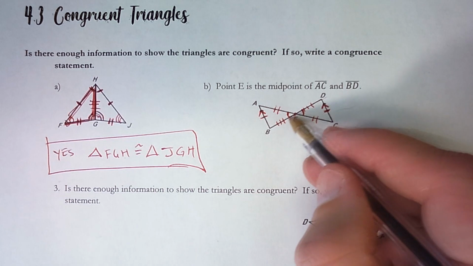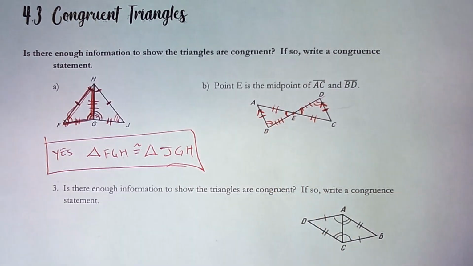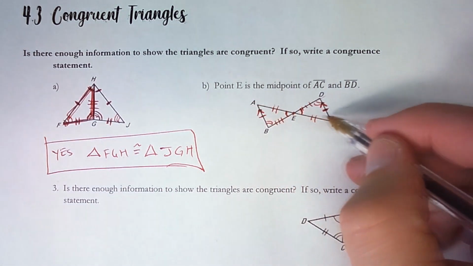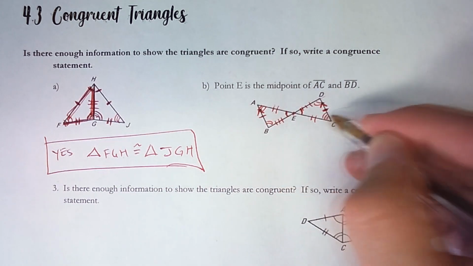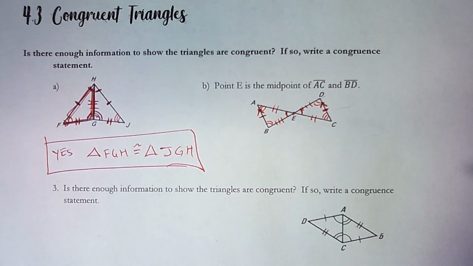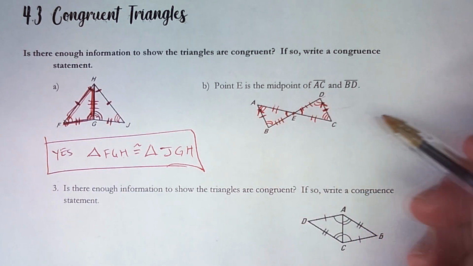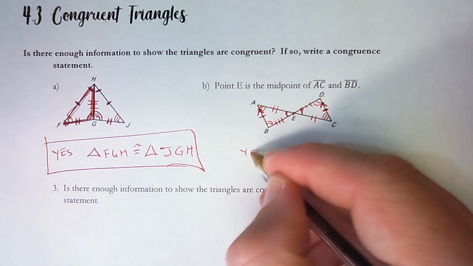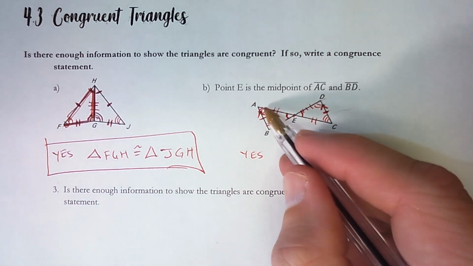So on this transversal right here, I've got a pair of alternate interior angles. They are congruent to each other. And on this transversal, I have a set of alternate interior angles right there. They are congruent to each other. So I have all three sets of sides and all three sets of angles congruent. So yes, these two triangles are congruent.